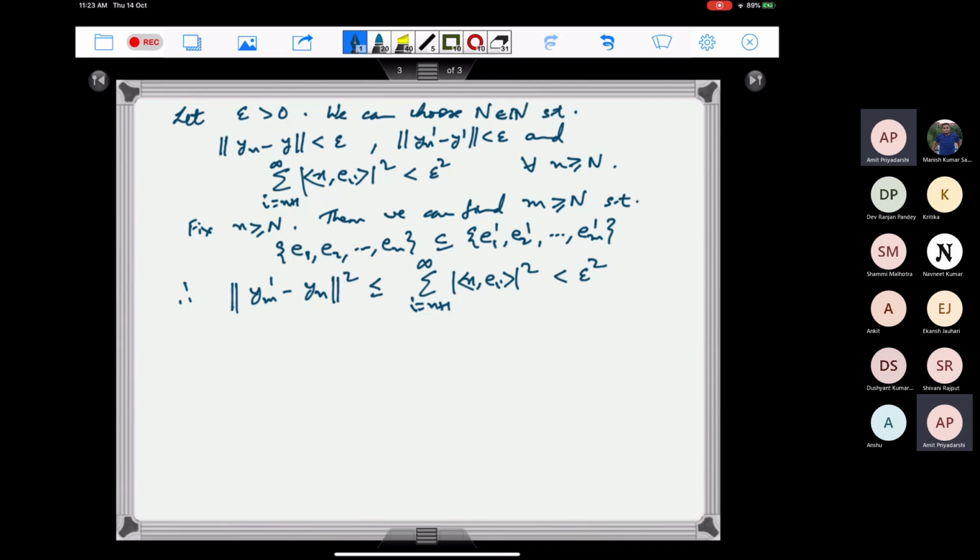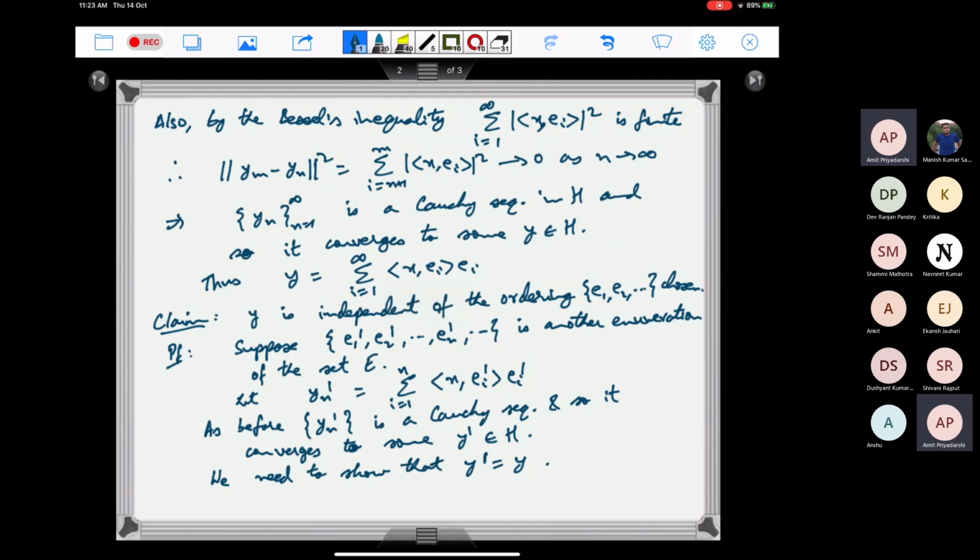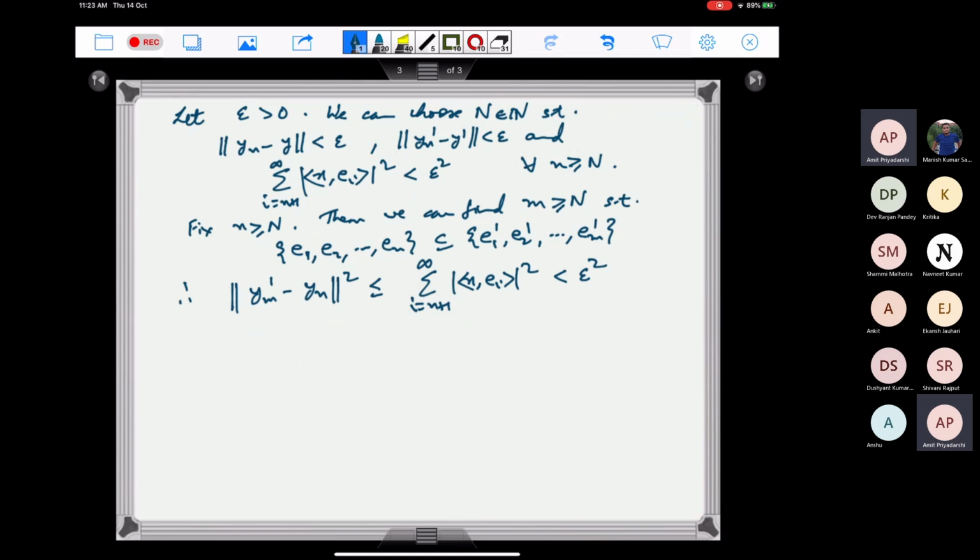Because if we look at ym dash, it is the sum from i equal to 1 to m of x dot ei dash times ei dash, and because we have chosen this m such that this set contains e1, e2, up to en, when you take this difference, all those terms cancel, so only the terms where i is bigger than or equal to n remain. So this is less than or equal to this sum, which we chose to be less than epsilon squared.